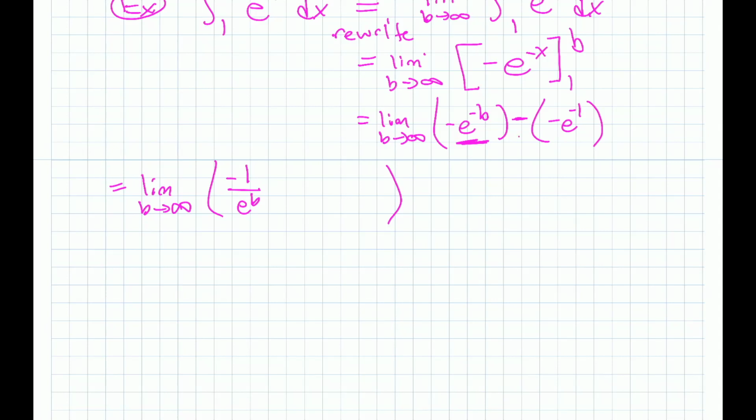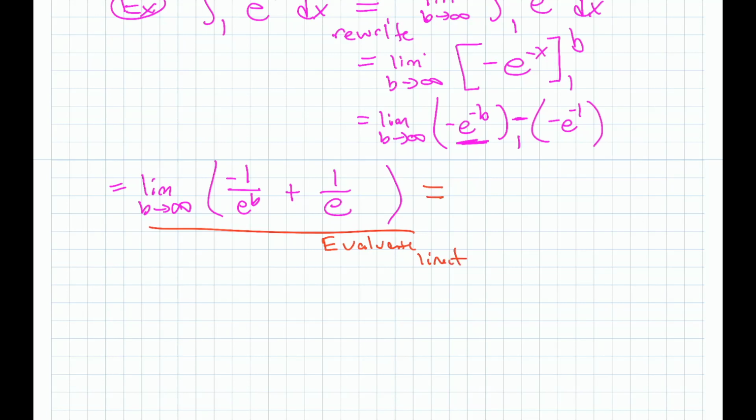And then you have minus a minus, so that's a plus 1 over e. At this point, once you've worked out the integral, you're just going to evaluate the limit as your last step.